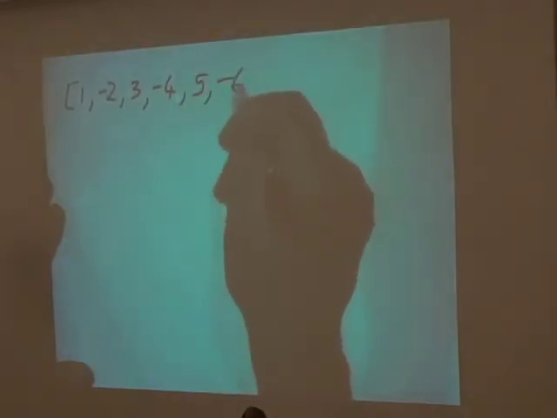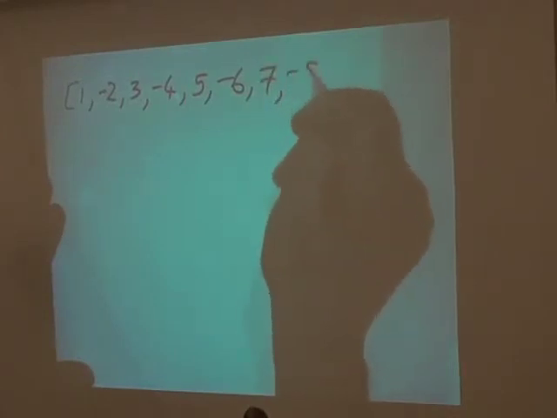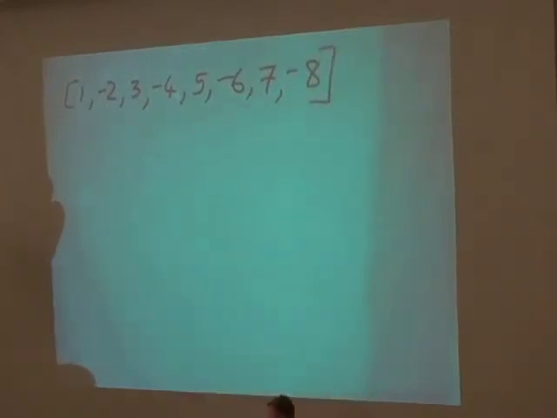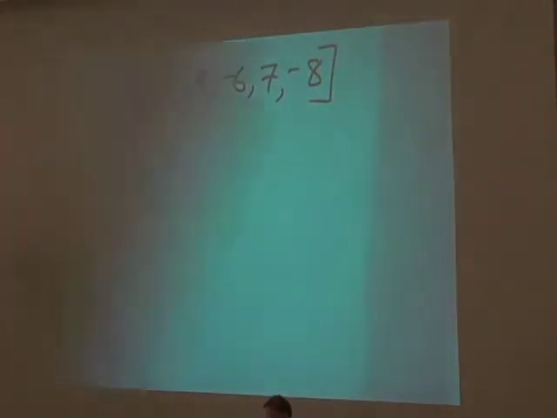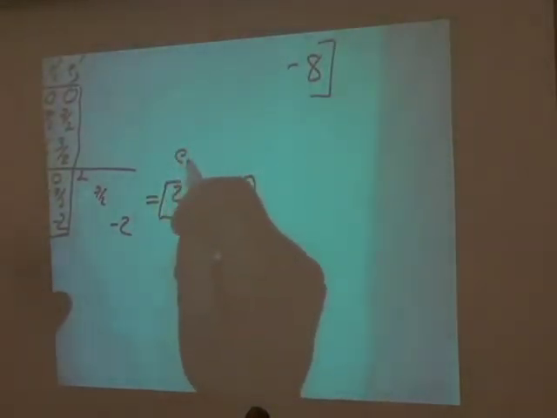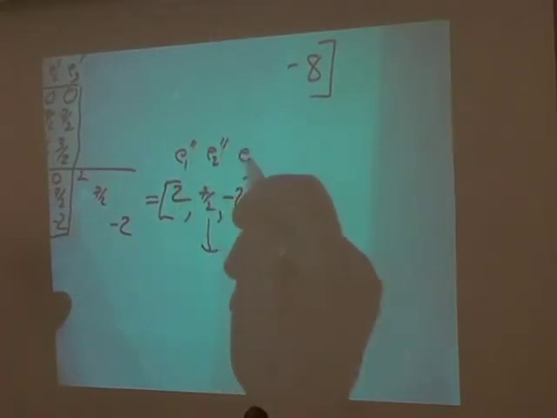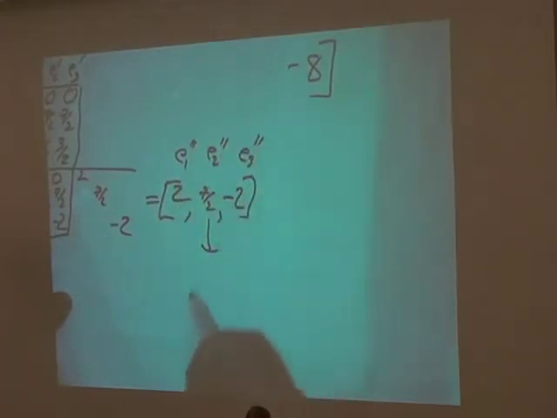Oh, by the way, yes. I'm free to multiply by non-zero squares. So if this was with respect to E1 double prime, E2 double prime, E3 double prime, then I'm going to multiply this by 2 squared.